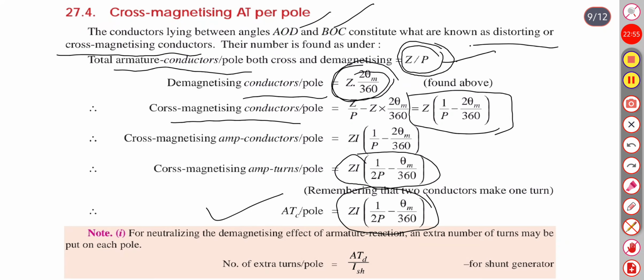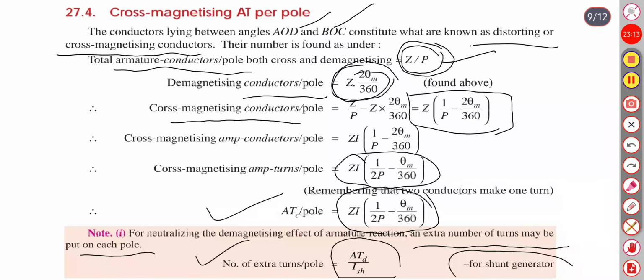For neutralizing the demagnetizing effect of armature reaction, an extra number of turns may be put on each pole, so the number of extra turns per pole will be ATD upon ISH for the shunt generator.